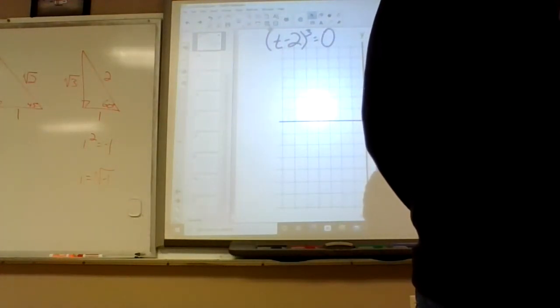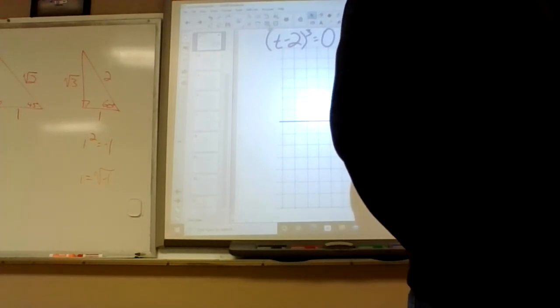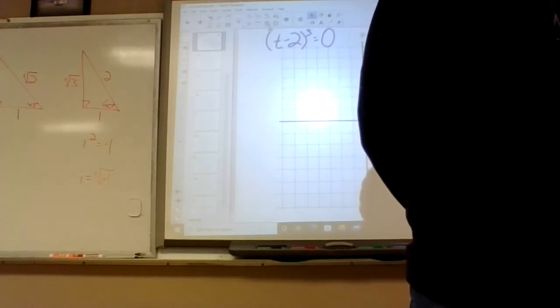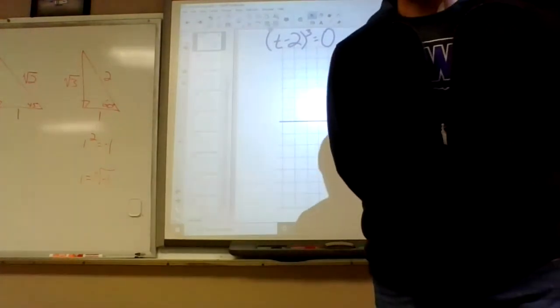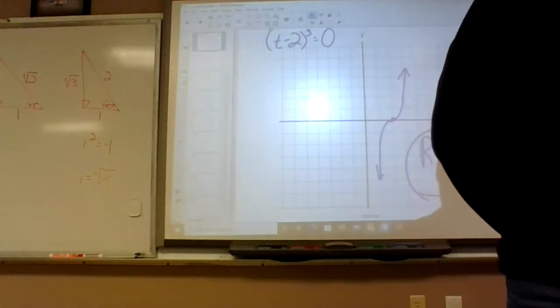Okay, on number 14. What shape would that make? Parabola. It's an x squared problem. That is not in standard form, so I would not use negative b over 2a.